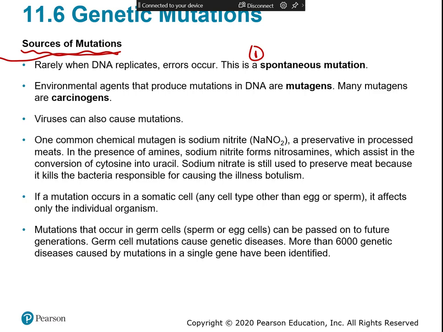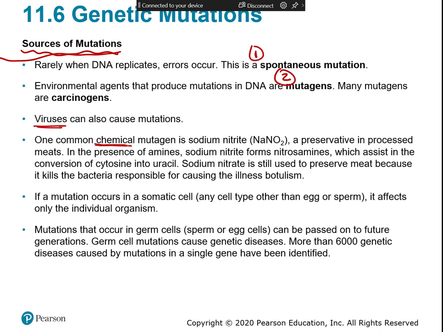The other one, though, is you can have what are called mutagens. A mutagen is one that can cause mutation. Viruses can act as mutagens, so viruses can cause changes in the DNA of a cell.